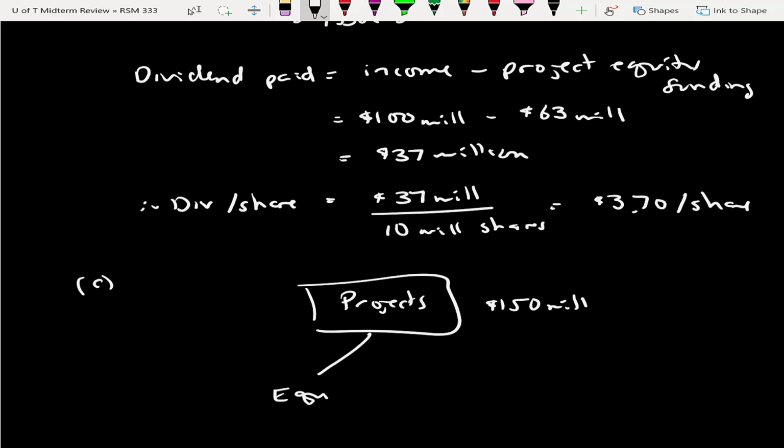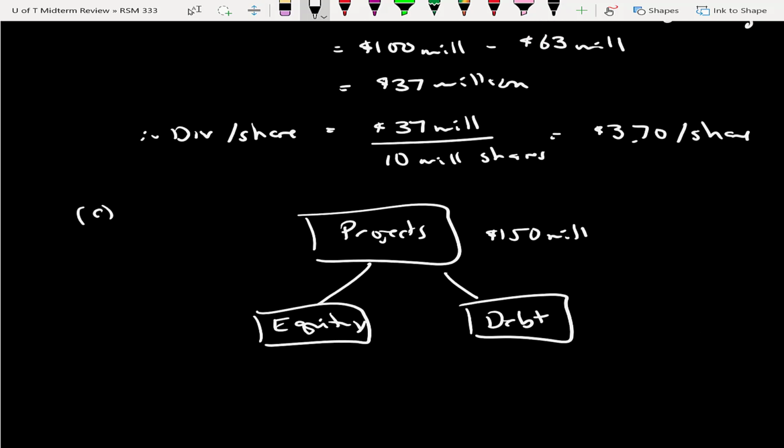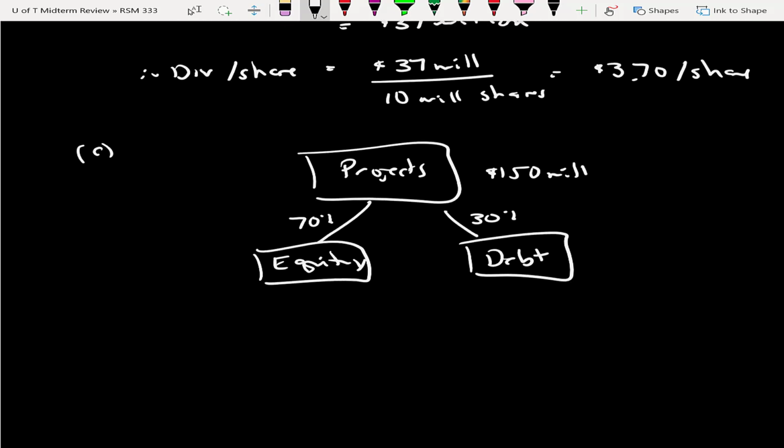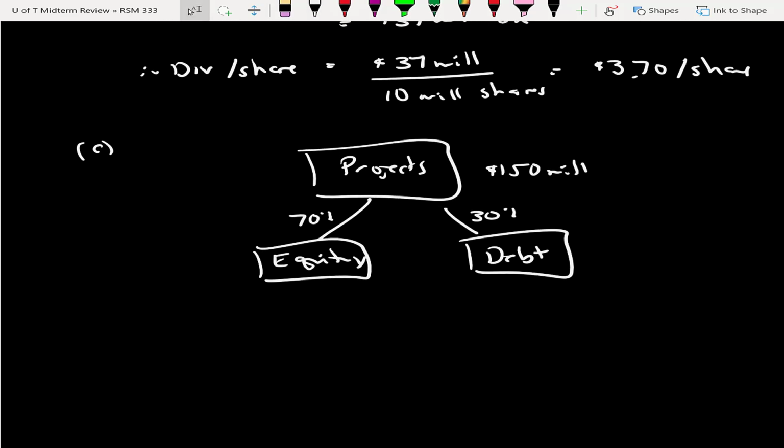And we want to break down what we need to be funded by equity and what we need to be funded by debt. And really equity is what we're sort of worried about here because we're doing a dividend calculation. So 70% of 150 million is 105 million.